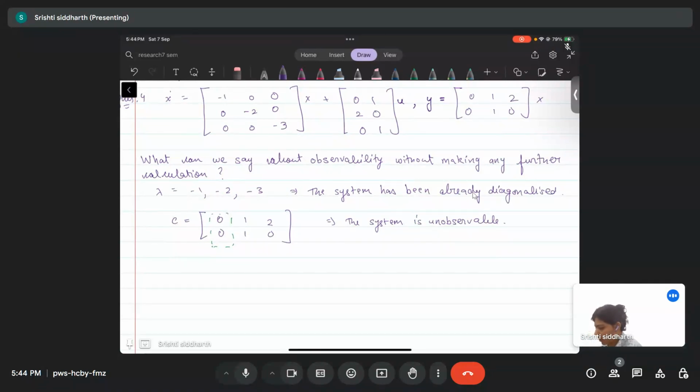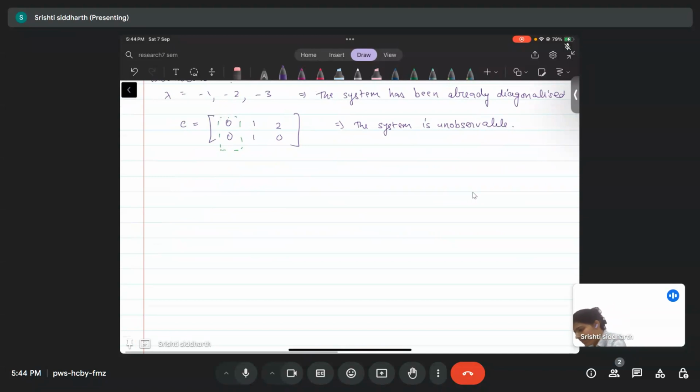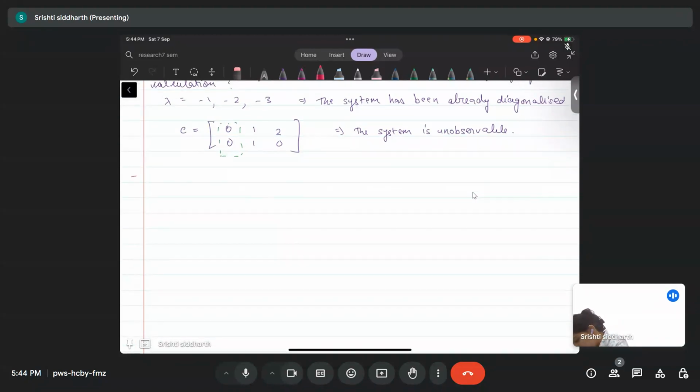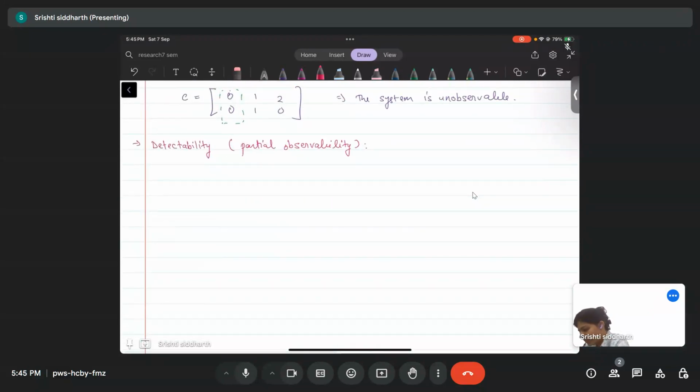Now let's talk about detectability of the system. Detectability or partial observability. Alright. So the definition for detectability is as follows.